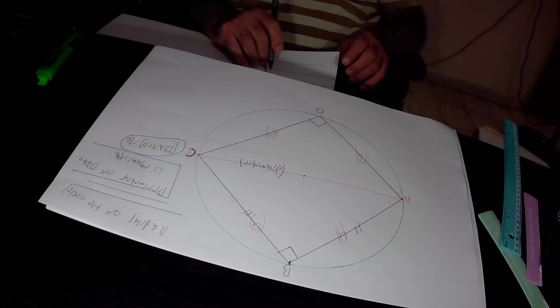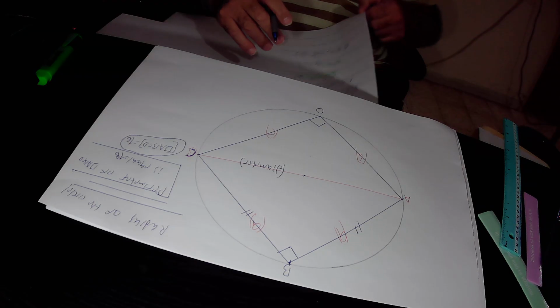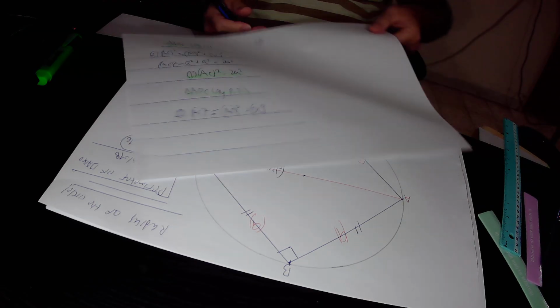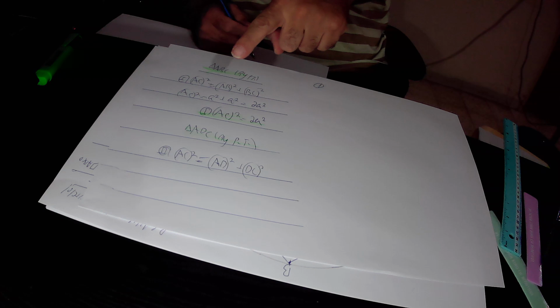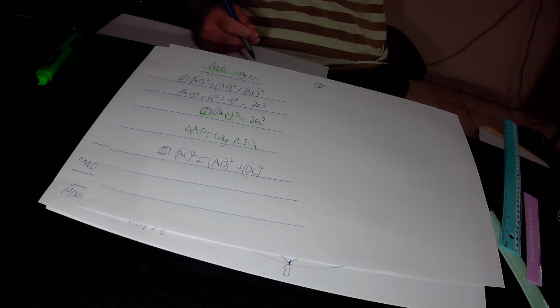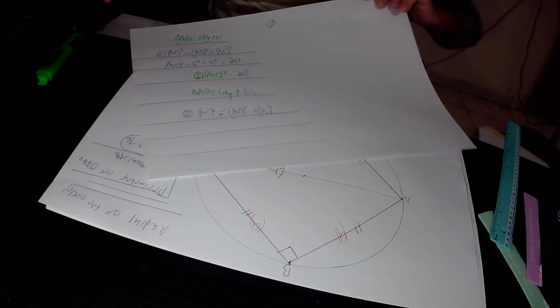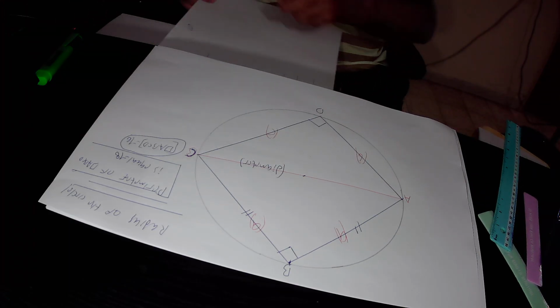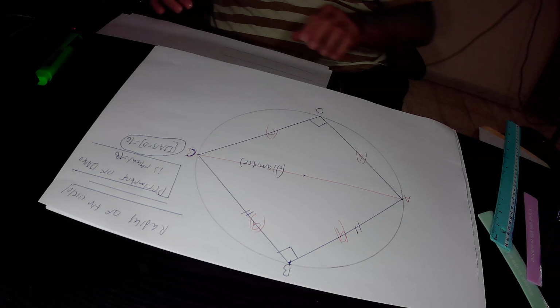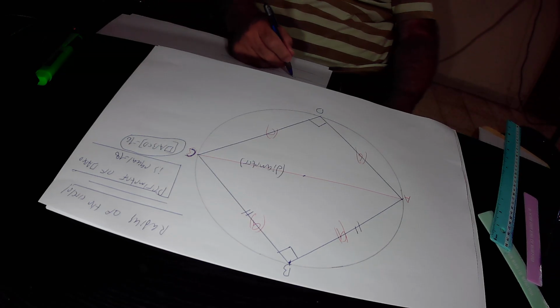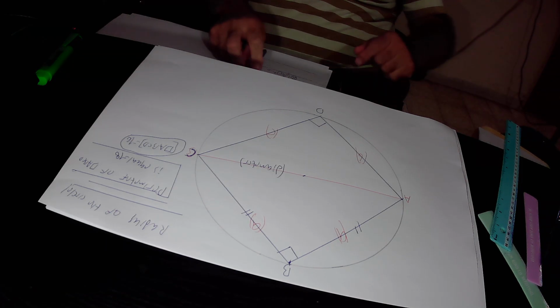AC is the missing side, so we need to substitute. It is AC squared equals AD squared.